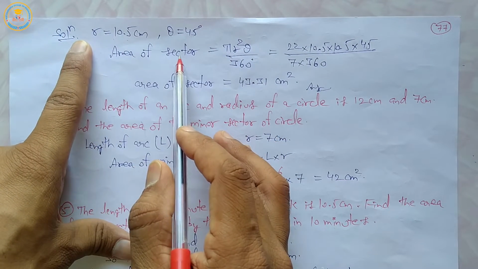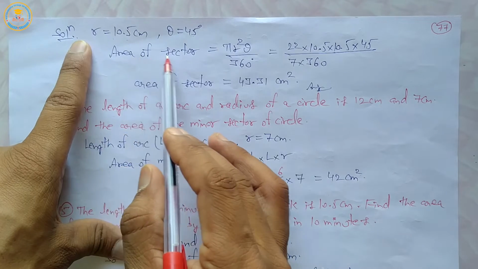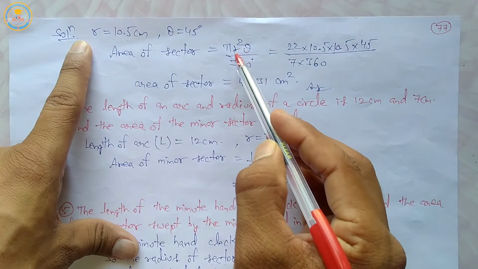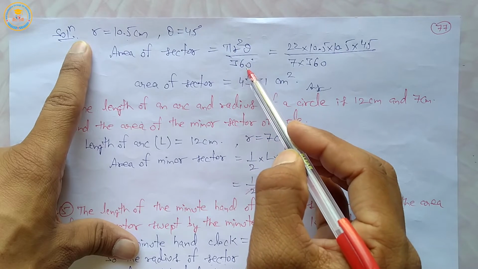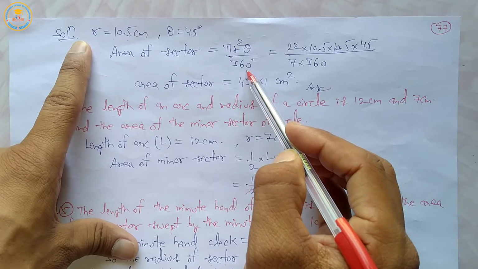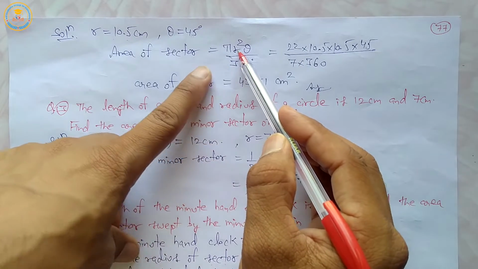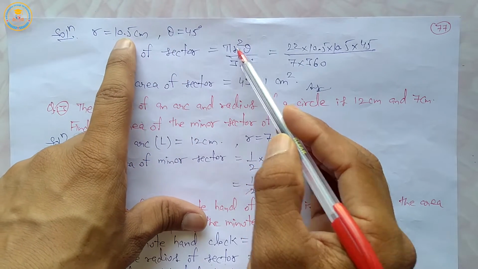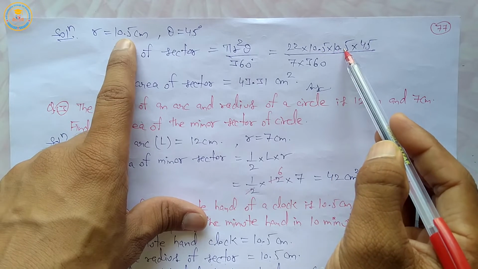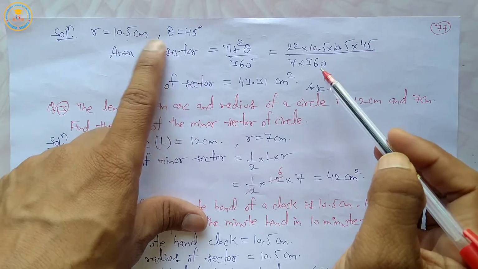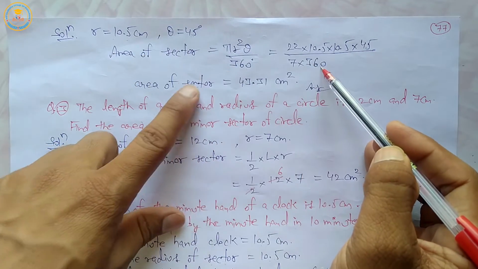Area of sector, we know that according to the identity, area of sector is pi r square theta divided by 360 degree. Pi is 22 upon 7, r square means r multiply by r is 10.5 into 10.5, multiply theta, the value of theta is 45 degree, divided by 360 as it is.